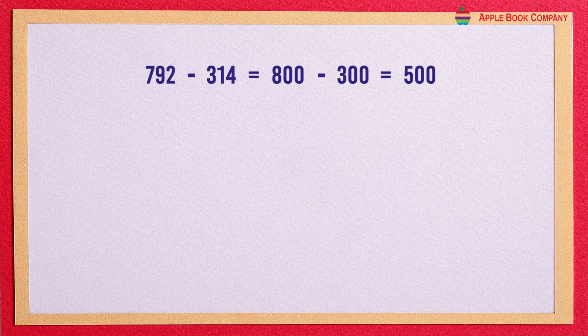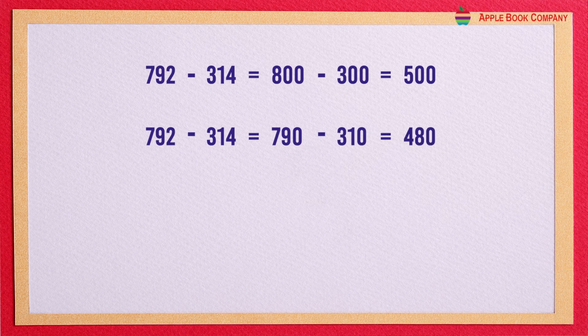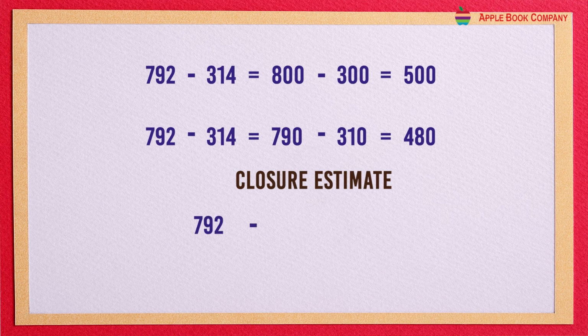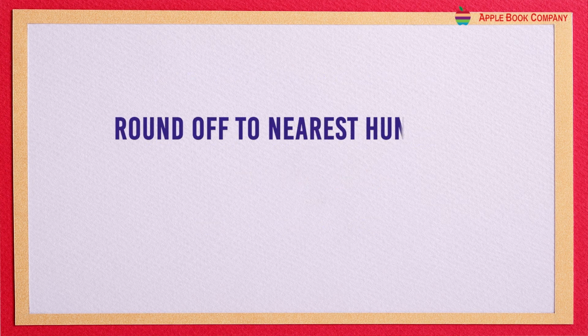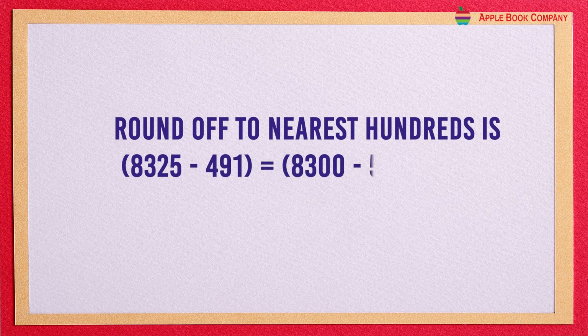Now when you're considering the tens values, 792 minus 314 is equal to 790 minus 310, equal to 480. So 480 is a closer estimate than 500 because the actual difference, 792 minus 314, is 478.